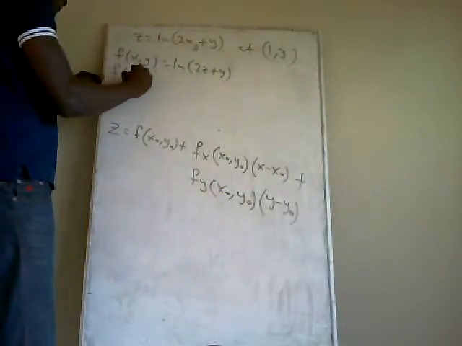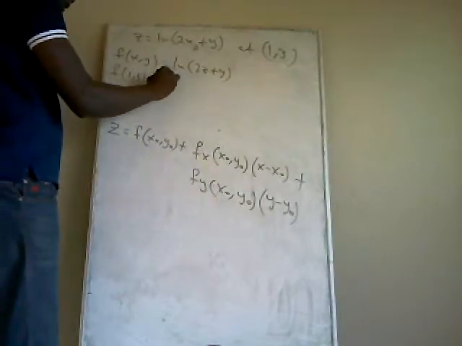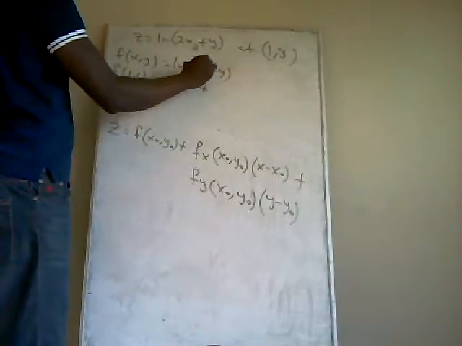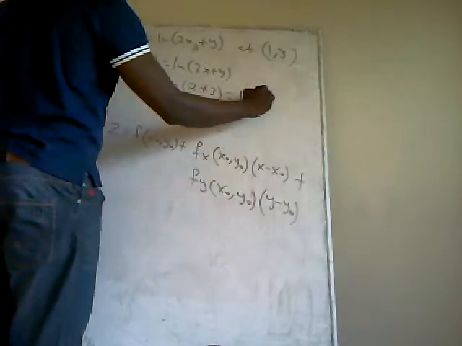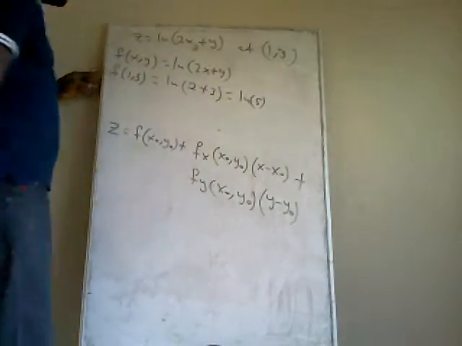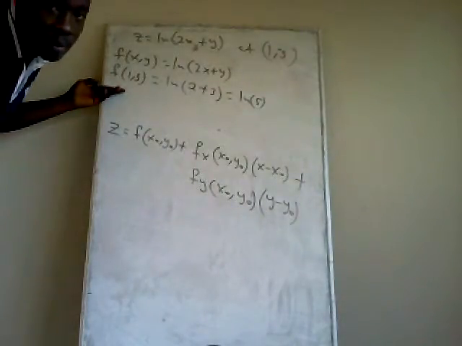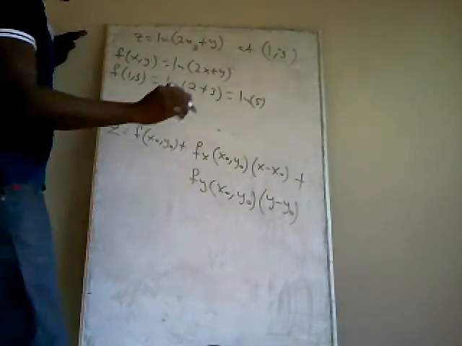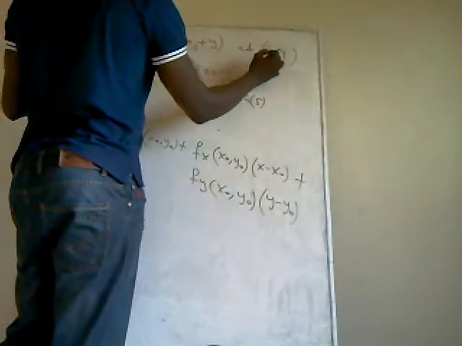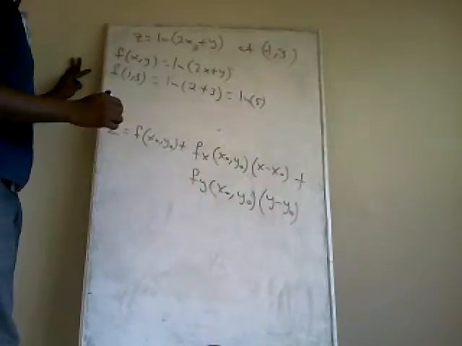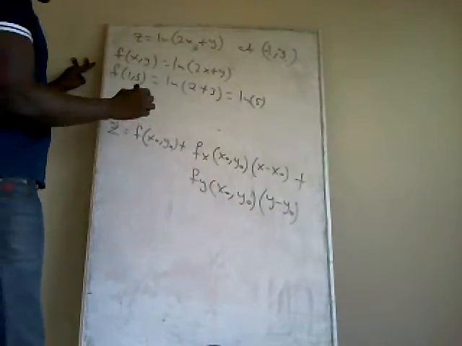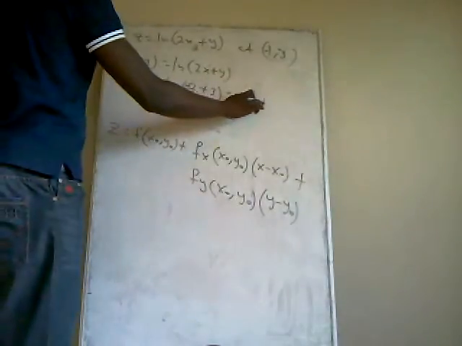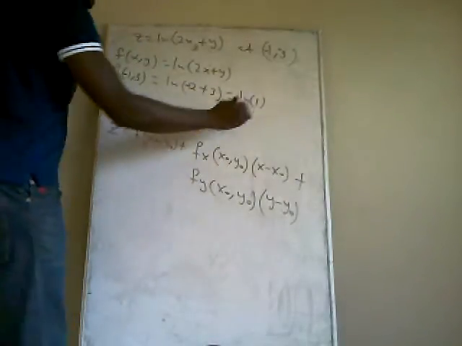So f of -1, 3, when I put -1 and 3 inside, I'm going to get the ln of 2 times -1 plus 3, so here becomes 1. So the ln of 1 is 0.